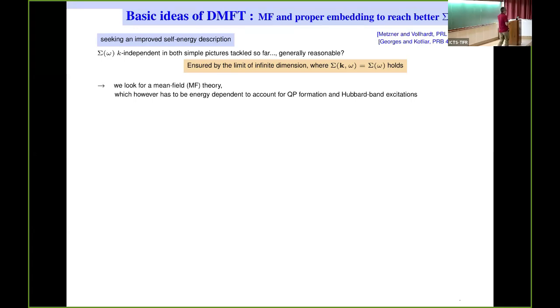So that ensures us, or gives us hope, that we can use that infinite dimension limit also for our realistic systems, which live in D2 or at least in D3, it should be okay-ish to live with that approximation. So we drop K-dependence, making contact to that exact relation.